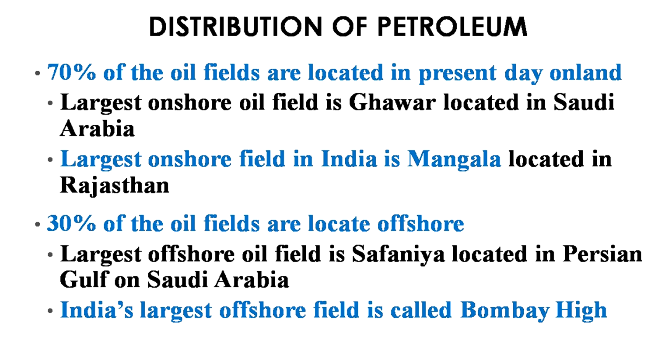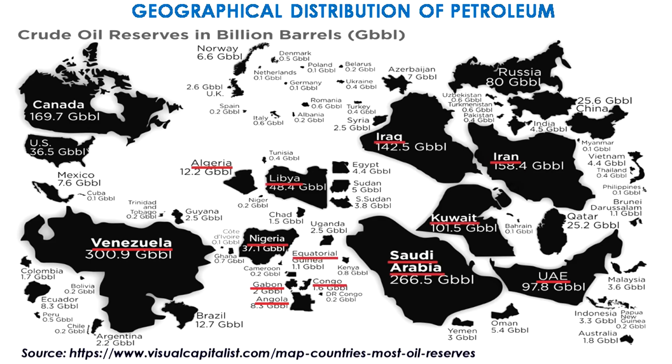Now, if you look at the overall distribution of hydrocarbon in the world, 70% of the oil and gas that we find are actually located onshore. Only 30% is located offshore. You can see there are some examples of the biggest onshore and offshore fields in the world as well as in India. Let us understand the geographical distribution of petroleum now. This map is very interesting.